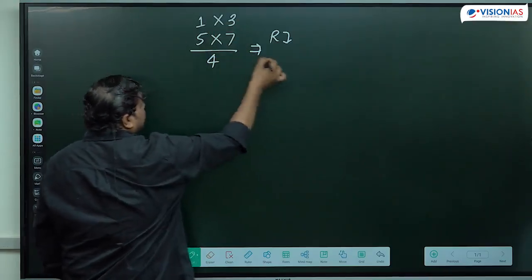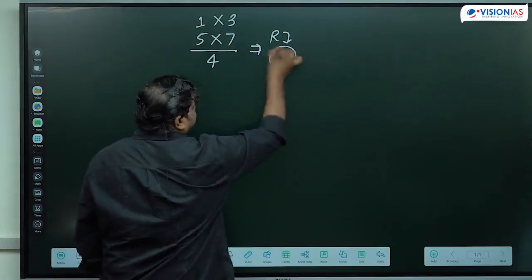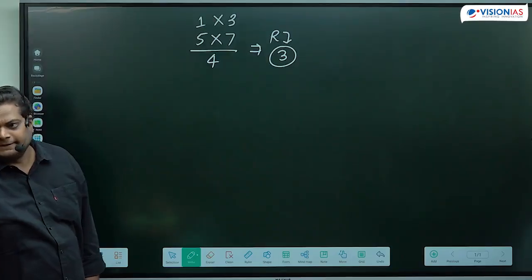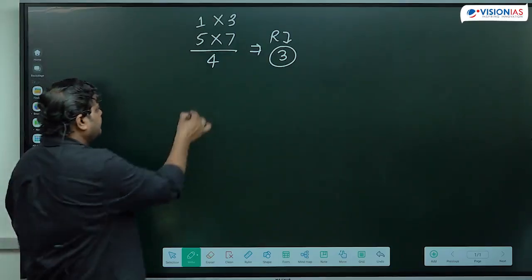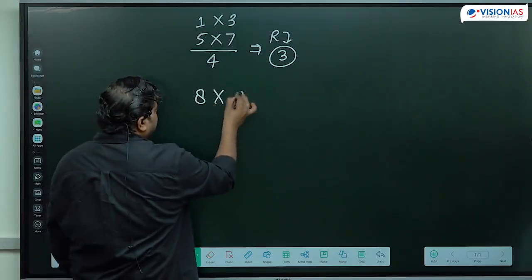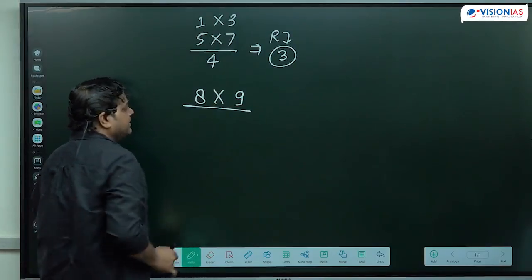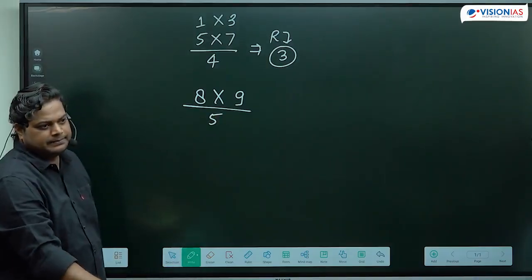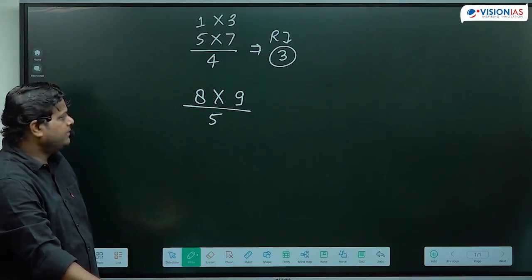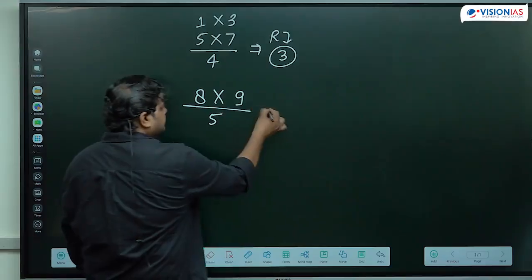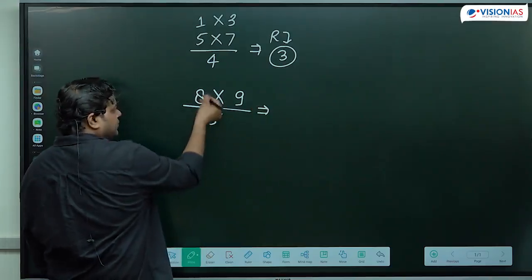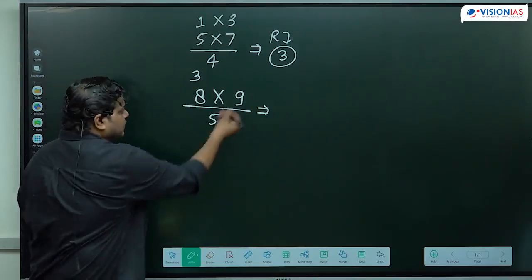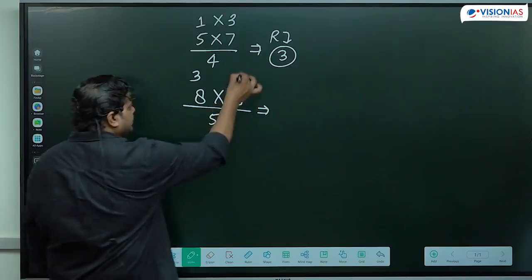Final remainder will be multiplied here, 3, है ना? 8 into 9 divided by 5, what remainder are we going to get? 8 को if we divide by 5, what remainder are we getting? 3. 9 को 5 से 4.